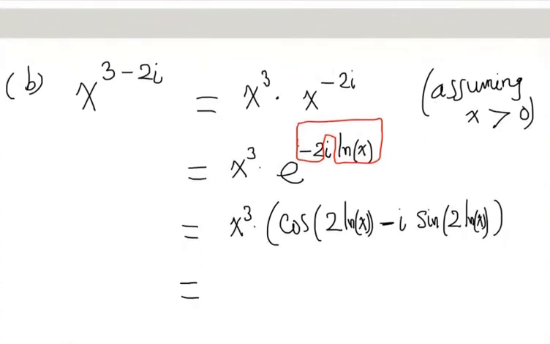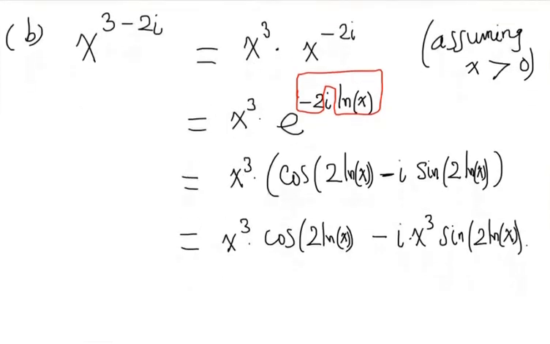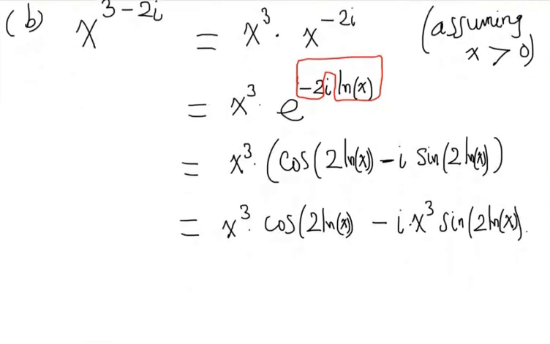And distributing, we have x cubed cosine 2 ln x minus i x cubed sine of 2 ln x. That is the first way to do this problem.